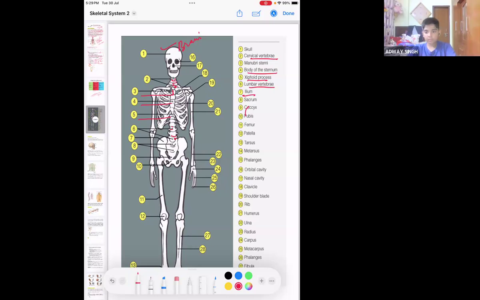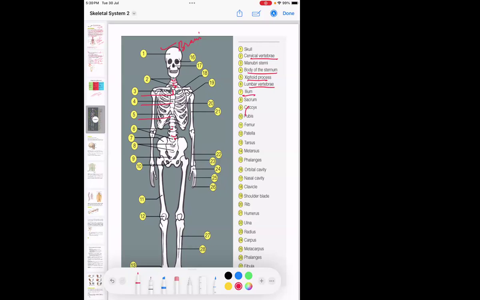Okay, so the seventh one is the ilium, the eighth one is the sacrum, and the ninth one is the coccyx. Basically, the coccyx is called a tail because the structure looks like a tail. That is why it is called the tailbone. Then the 10th one is the pubis, the 11th is the femur, the 12th is the patella. The patella is basically the knee bone.